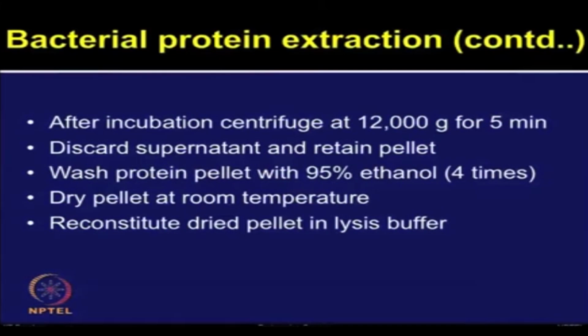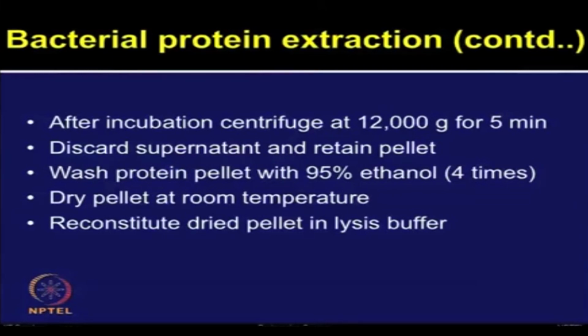This pellet can be washed with 95% ethanol 3 to 4 times. Then dry this pellet at room temperature, and it can be reconstituted in a buffer suitable for your analysis. If you are going to perform 2-dimensional electrophoresis, you need to add the lysis buffer which contains urea, CHAPS, thiourea and different other components which we have talked about previously.